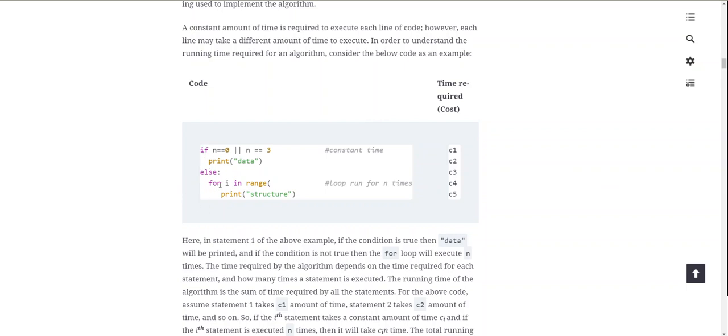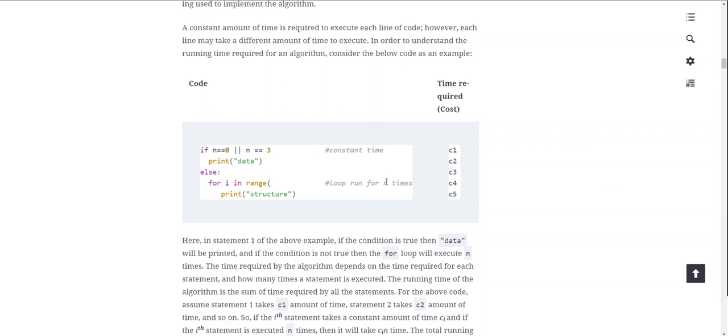And now I get down here and I say else, for i in range, ooh, now we've got some unknown. This is where it can get kind of squirrely. I don't know how many times this loop is going to run, it says n times, and we'll say n because I don't know how many times it's going to run.